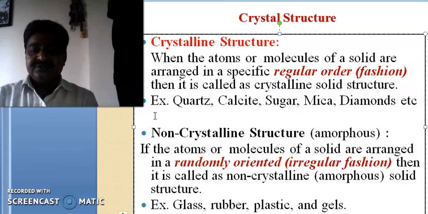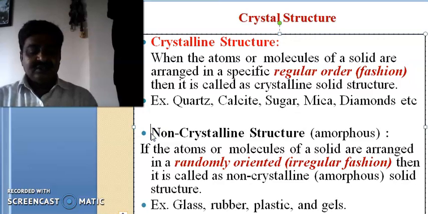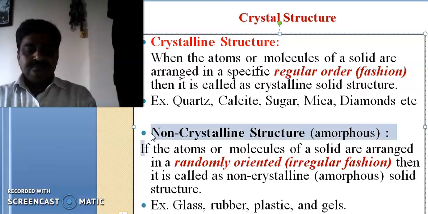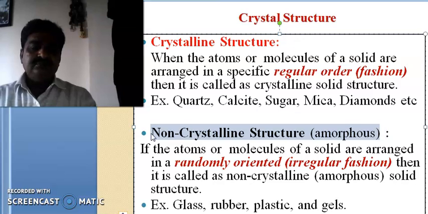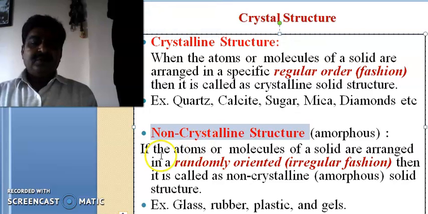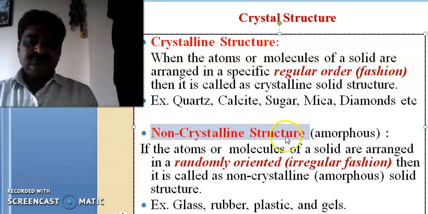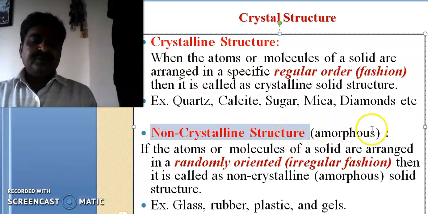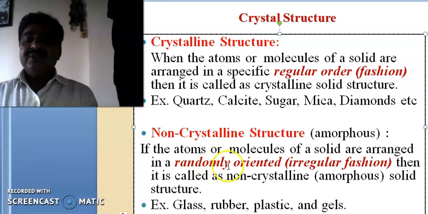Now let's turn to the second category, that is non-crystalline structure. It is also called amorphous. In amorphous solids, the atoms or molecules are arranged in a randomly oriented or irregular fashion.